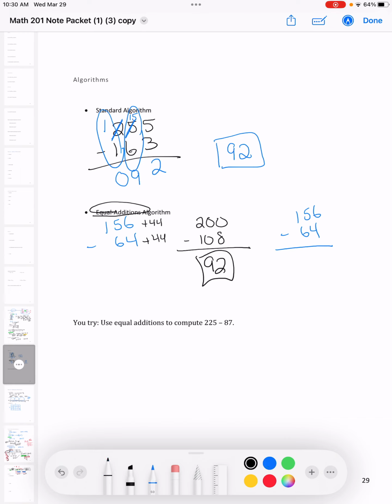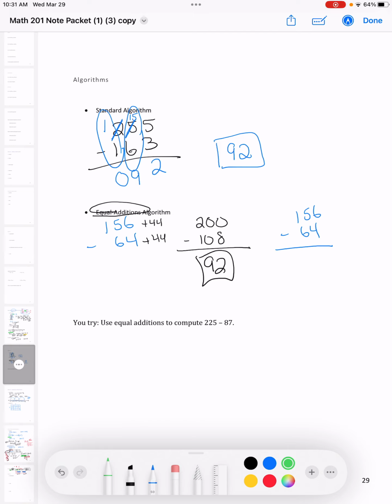So again, what I'm trying to do is think about this rounding. So it might be something that's easier to subtract. So you also could think about maybe getting the bottom number. You could think about rounding it. So we could think about trying to get that to 100. Subtracting 100 would be really easy.